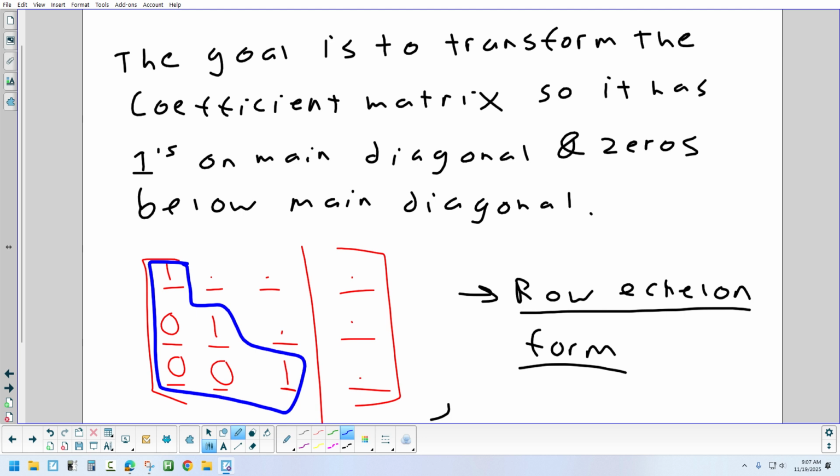The reason we want 0s is because everywhere that you get a 0, it means you just got rid of a letter. And that's always the goal. Eventually, we want an equation where we have gotten rid of 2 out of 3 of the letters, and there's only 1 letter left. If we can get down to an equation with a single letter, then we can solve that equation.